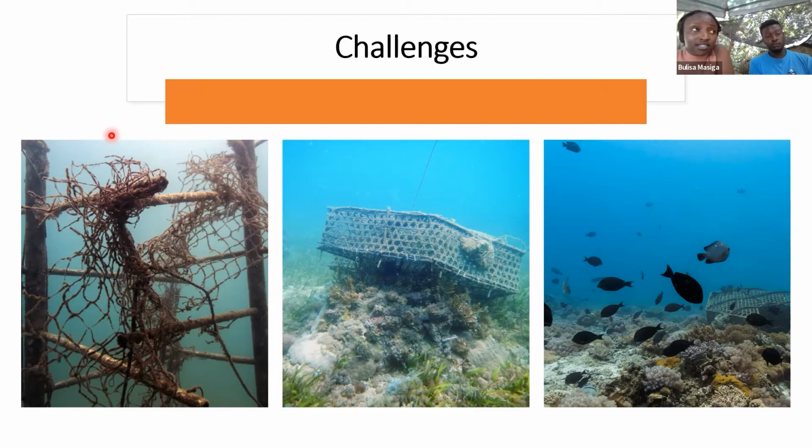Another challenge, as we can see in this picture, is ghost nets. When fishermen put nets trying to catch fish, they may be moved by waves or currents and end up on our structures. This is an example of a ghost net on our structures.